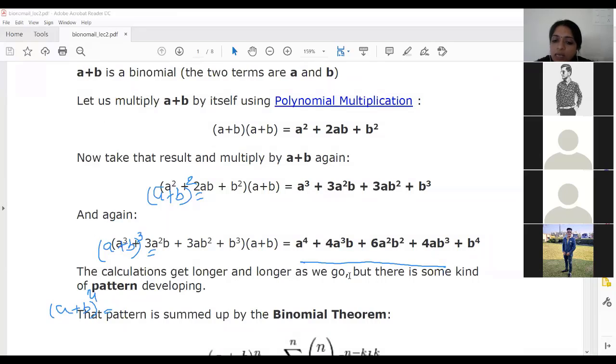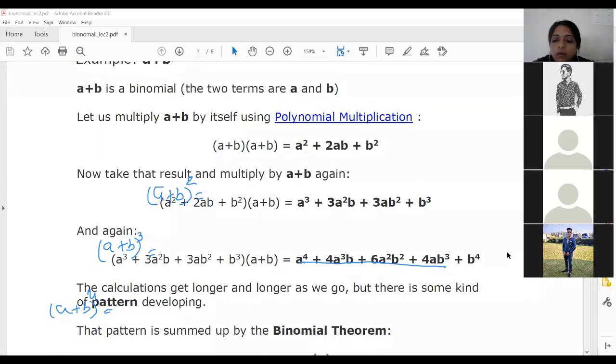The expressions get longer and longer as we go, but there is some kind of pattern. Dia, please unmute yourself and give me the answer. Can you see any kind of pattern here in these formulas?